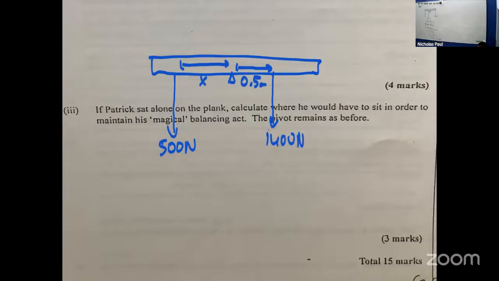Before you start, remember I told you all, when you're answering a question, it must be FSE: Formula, Substitution, Answer. So you write the formula. Sum of anticlockwise moments is equal to sum of clockwise moments, right? What's the next step?